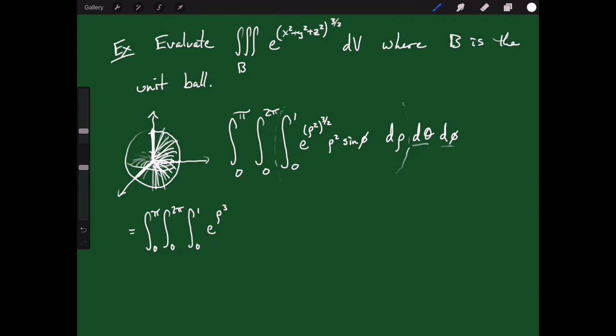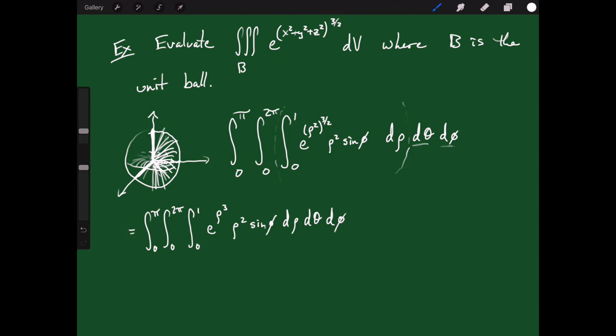Because rho squared to the 3 halves is the same as rho cubed, times rho squared sine phi d rho d theta d phi.